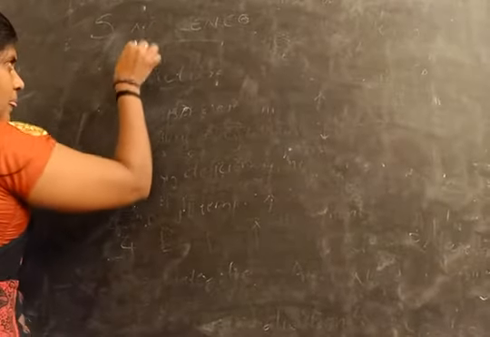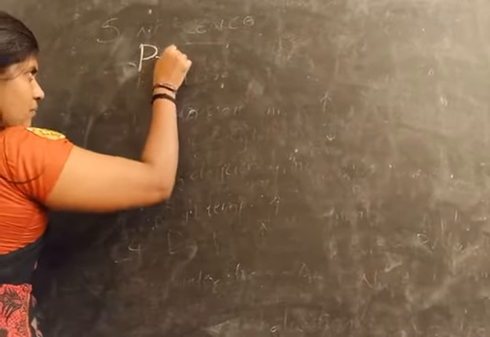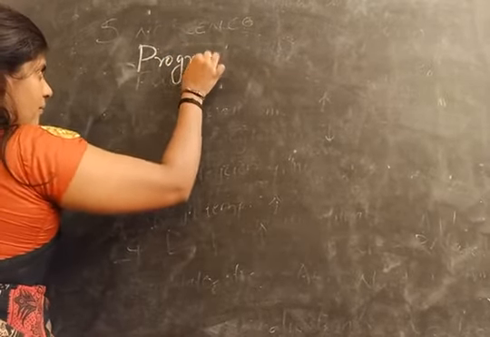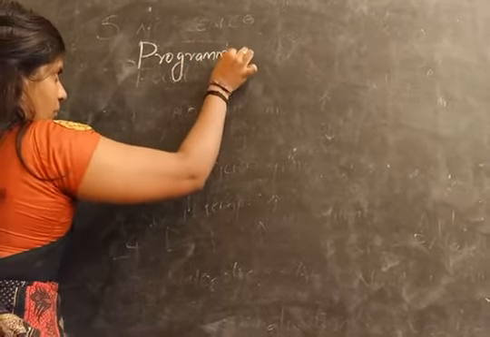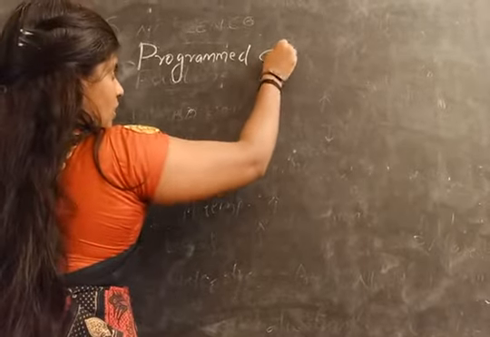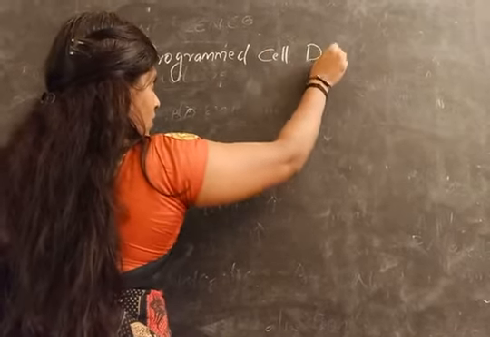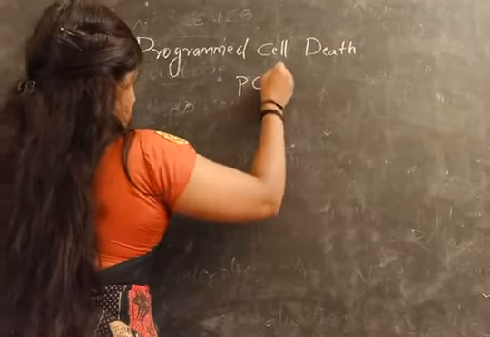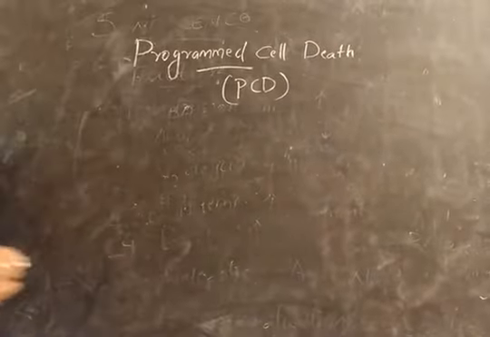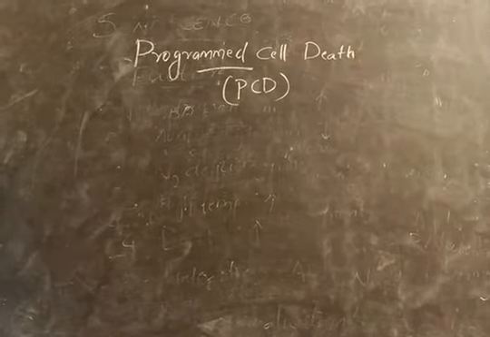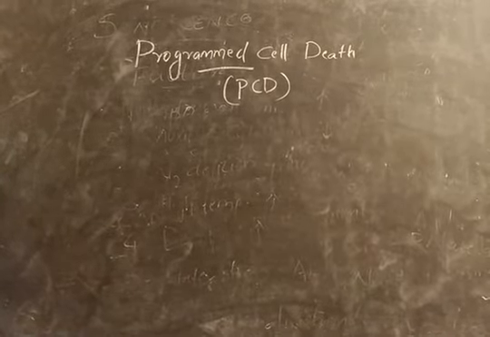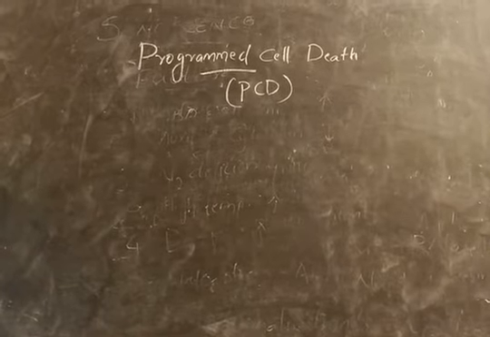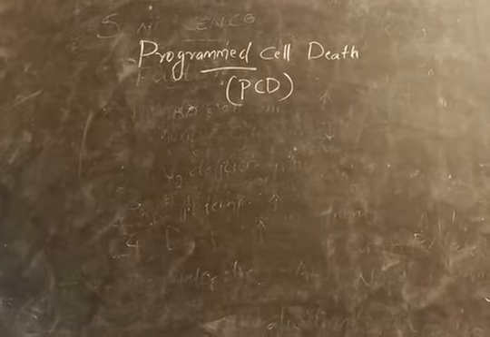Now, move into programmed cell death, PCD. Programmed cell death is simply the senescence of an individual cell.